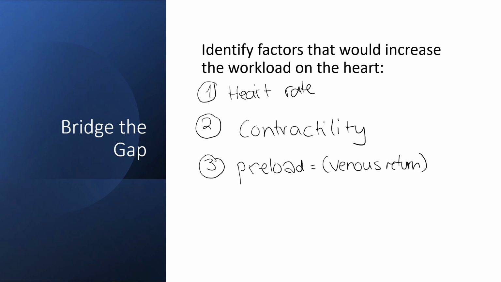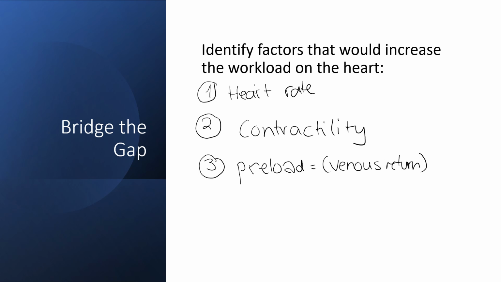The more you fill them, the more they're going to stretch. The heart is not any different. So when you increase your preload, increase venous return, it means that the heart is stretching. The more the heart stretches, the harder it's going to snap to contract, and it means that it's going to be utilizing more oxygen in order to contract, to push that volume out.